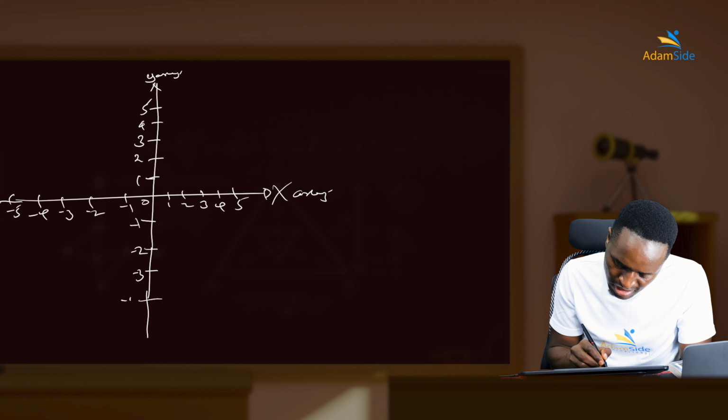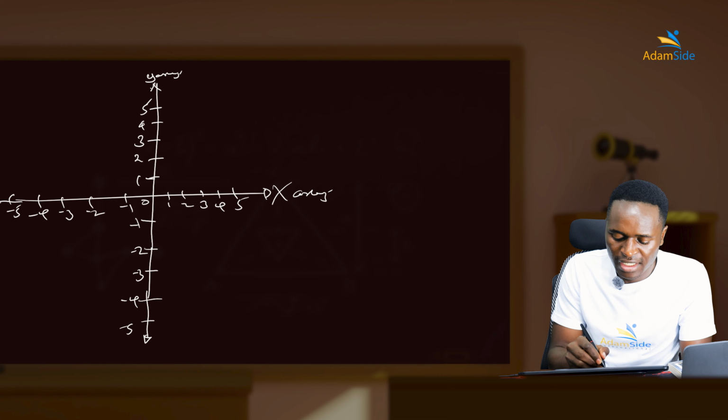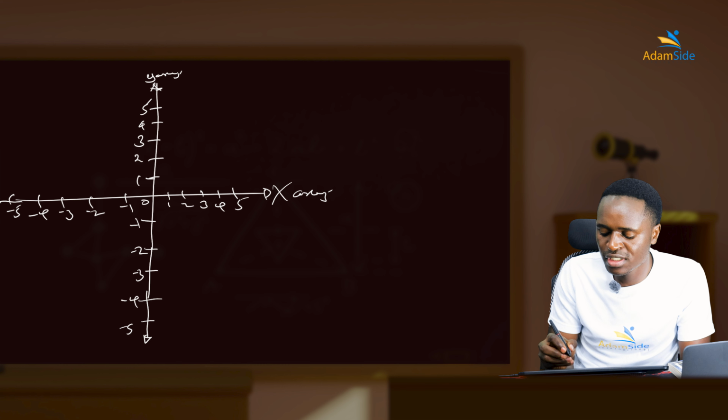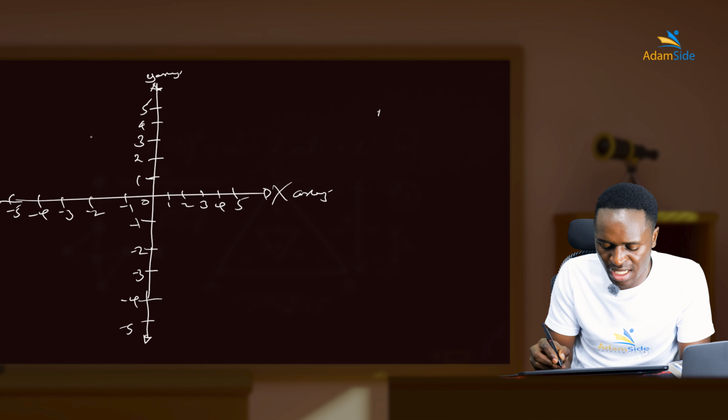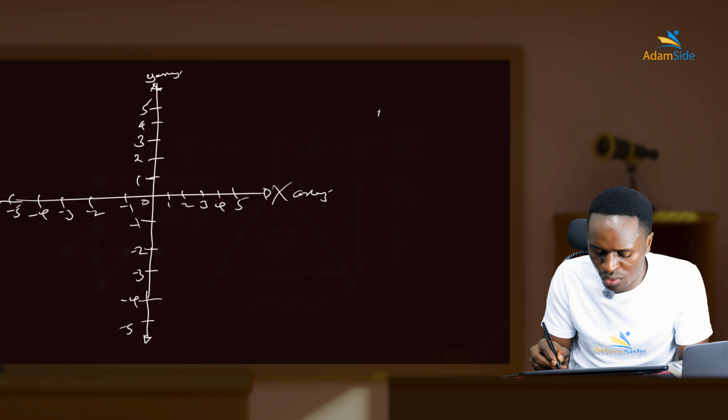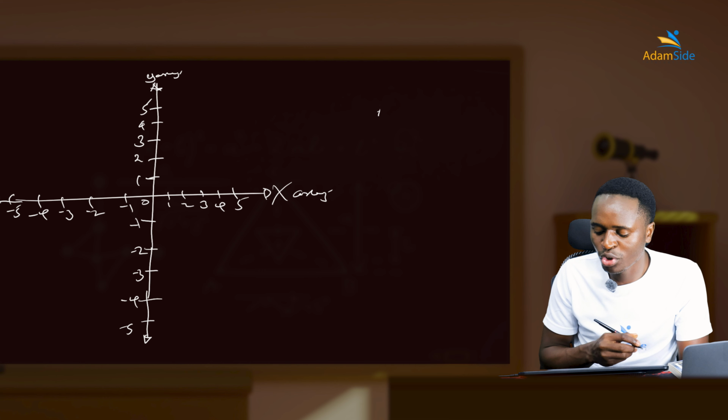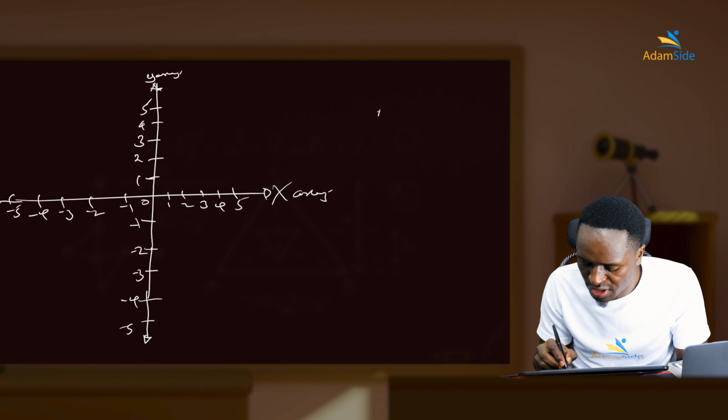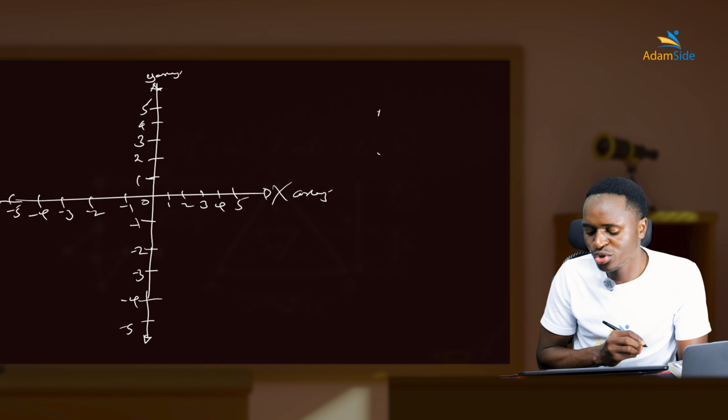Anything less than 0 is negative, as you go downward. Now you're told to show point A at (-2, 5). How do you plot it? And point B at (5, -7). How do you show that?